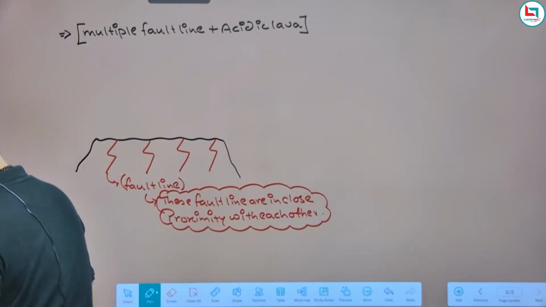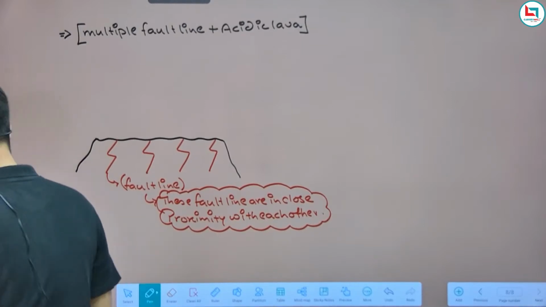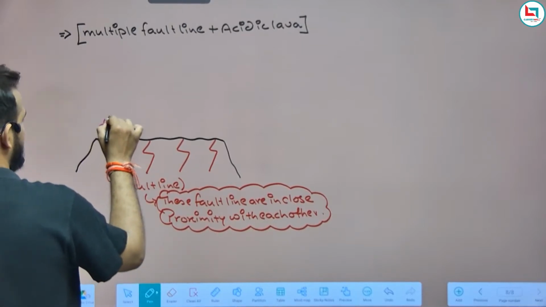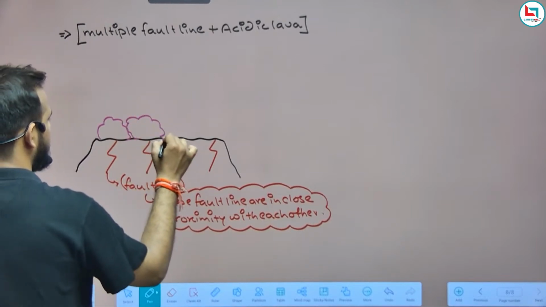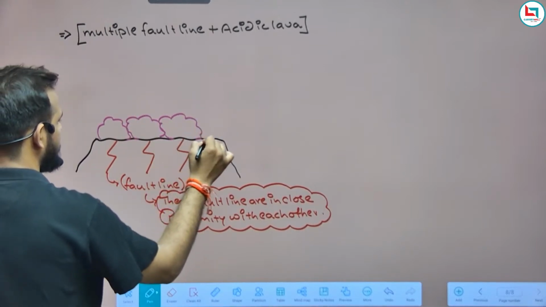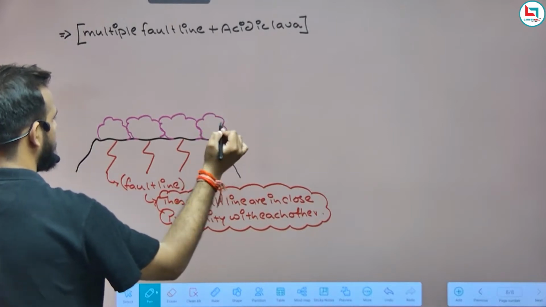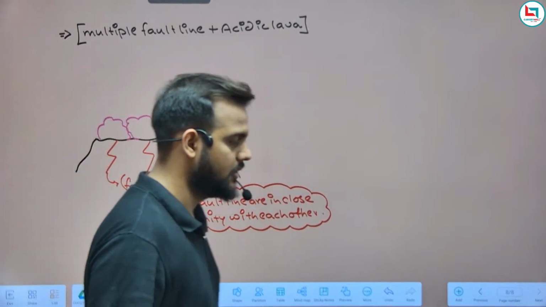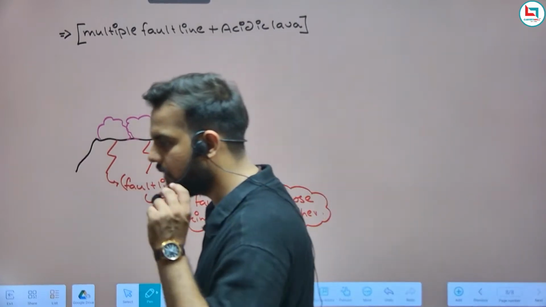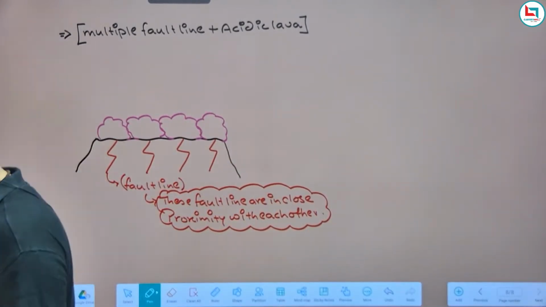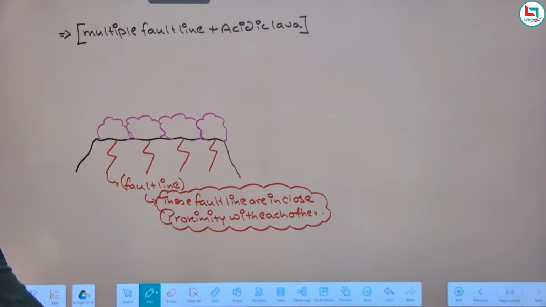The case would be somewhat like this, that we will see the acidic lava like this. It will get combined with each other. So like this we will see the formation, because lava will upsurge over the surface and it will solidify with time.